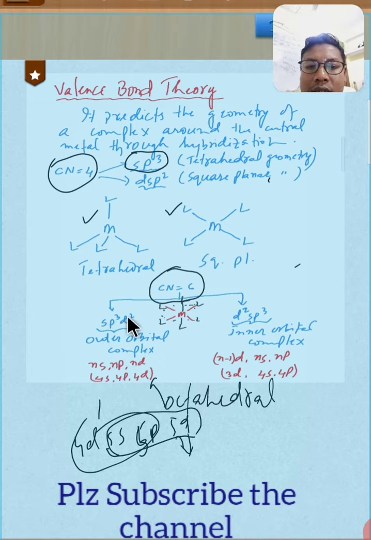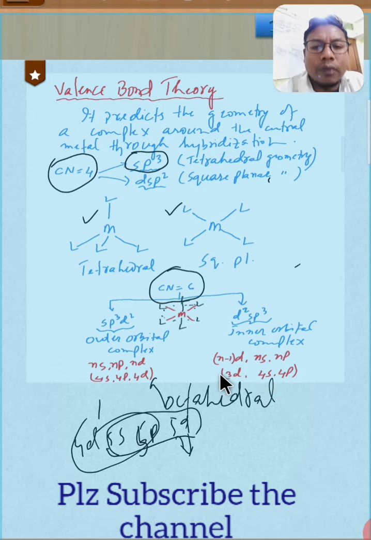And if this is d2sp3 hybridization, then the complex will be called an inner orbital complex, and the d orbital of the penultimate shell, meaning the shell which is just inside the outermost shell, will be used. For example, if 4s and 4p are used in hybridization, then the d orbital has to be from the third shell, 3d.